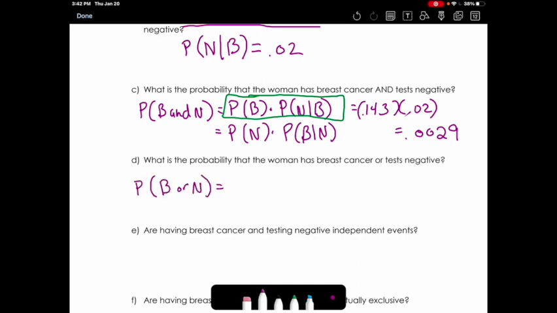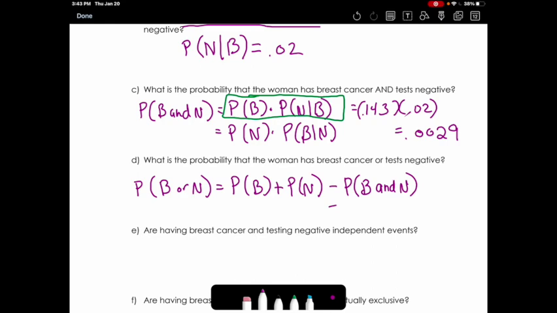Okay, part D says, what is the probability that a woman has breast cancer or tests negative? So we have the probability of B or N now. And our general equation for that is that we use addition. We take the probability of each event separately and then subtract off any overlap that we have. And in this case, the overlap would be the case that the person has breast cancer and tests negative.